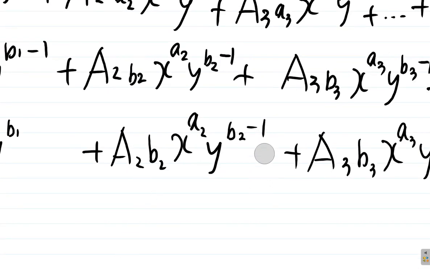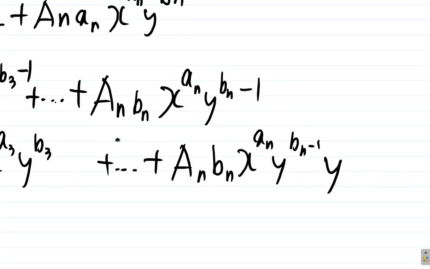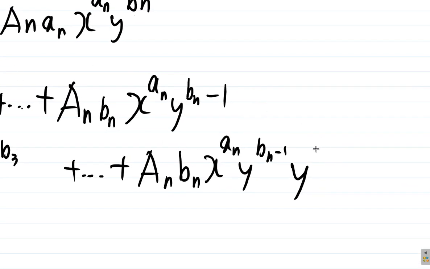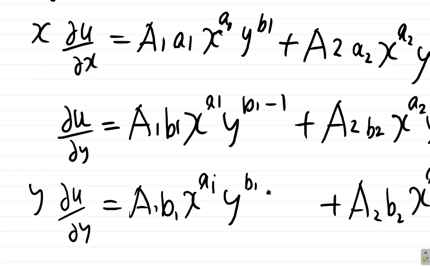This y is to the power of 1, so minus 1 plus 1, and that goes. And finally, this y is to the power of 1, you add the powers, bn minus 1 plus 1, and that part goes. So this is what you have left.